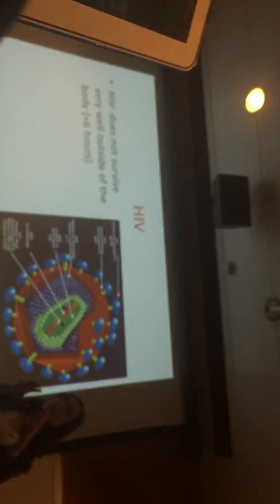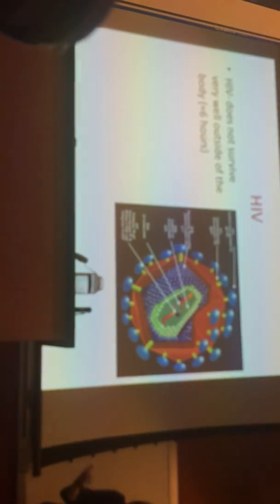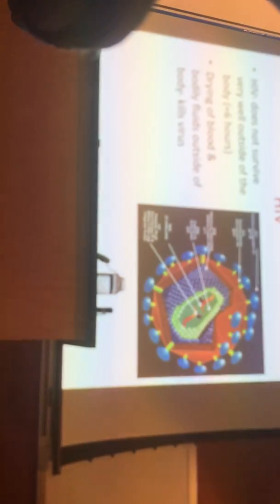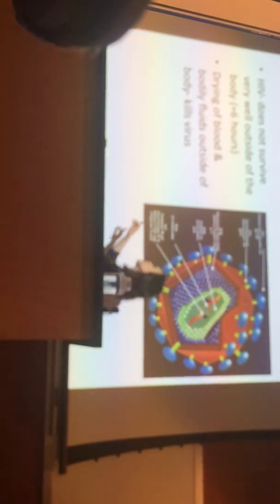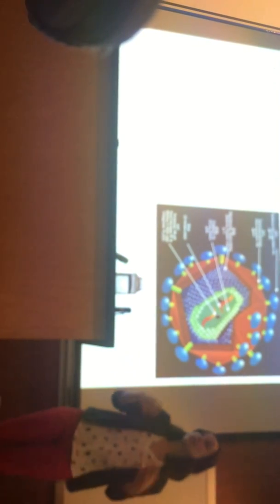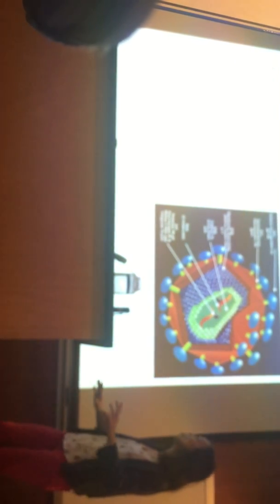They say on average, it does okay for about 6 hours, and then eventually it, I can't say dies, but it deteriorates, breaks down. Definitely drying of blood and bodily fluids helps to inactivate the virus, so that's good.